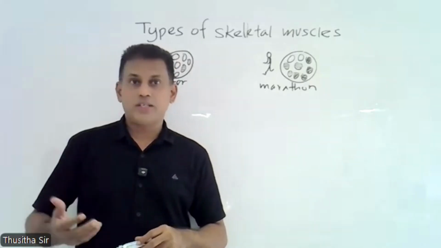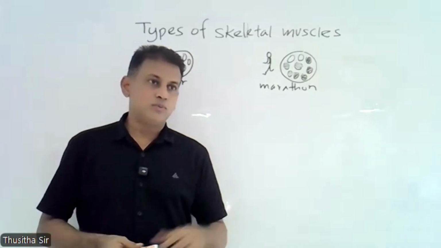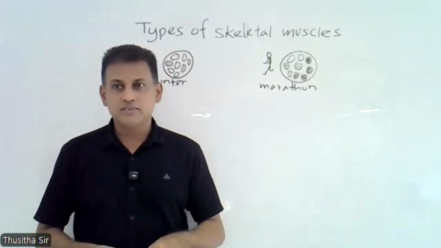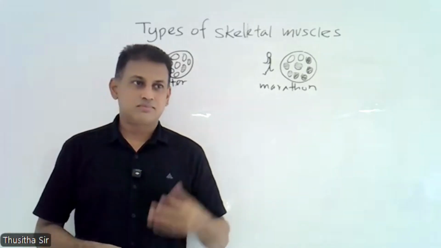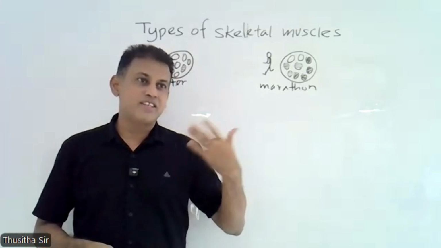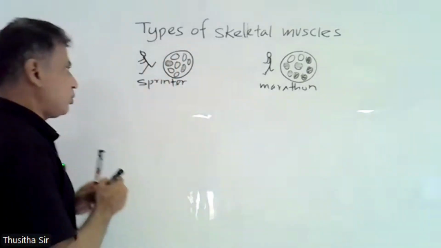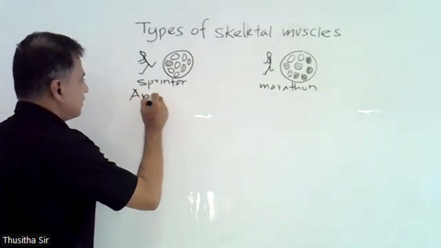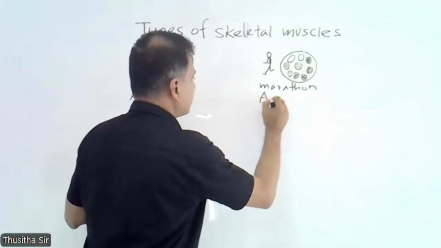So they need a lot of energy, and they take less oxygen. 1, 2, 3, 4 breaths maximum. The breathing rate is very low. So they are doing more anaerobic. And these are doing aerobic.